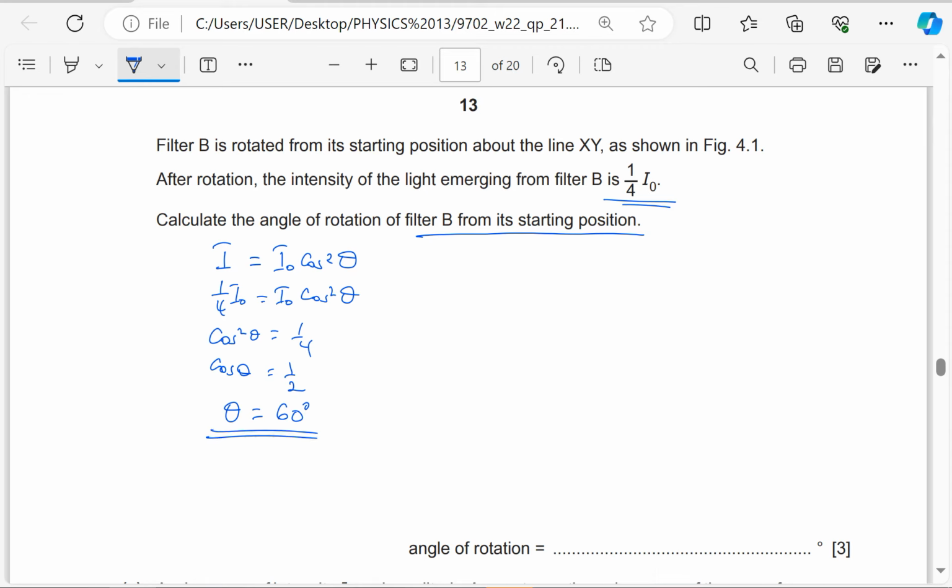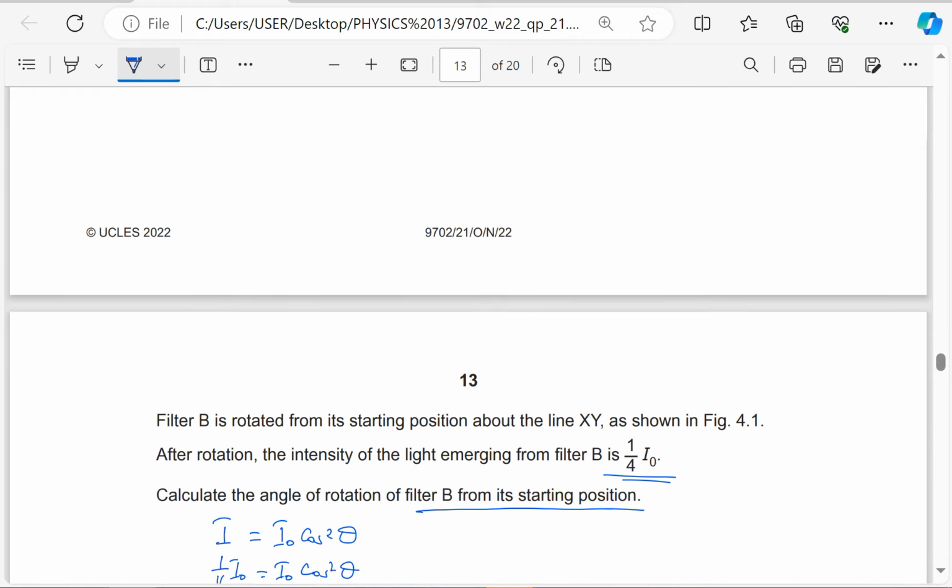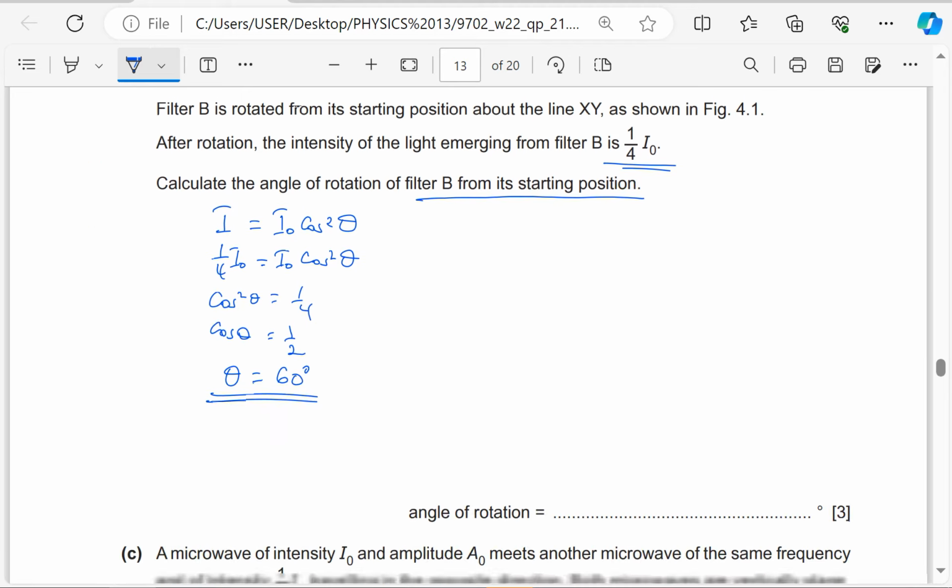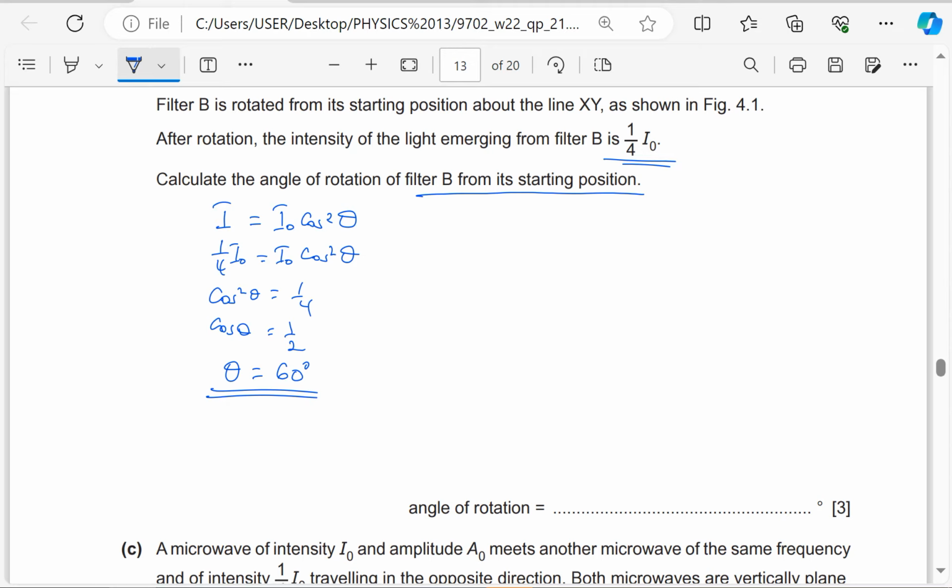Initially, the intensity was at 0 degrees. The question wants us to find the angle of rotation. So the angle to the vertical axis, which gives intensity of a quarter I naught, is 60 degrees.